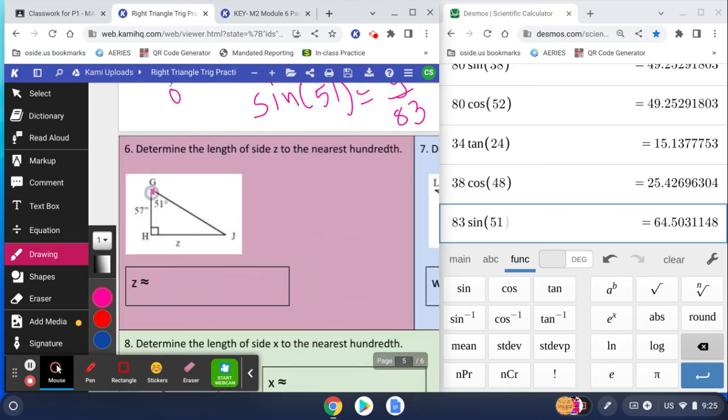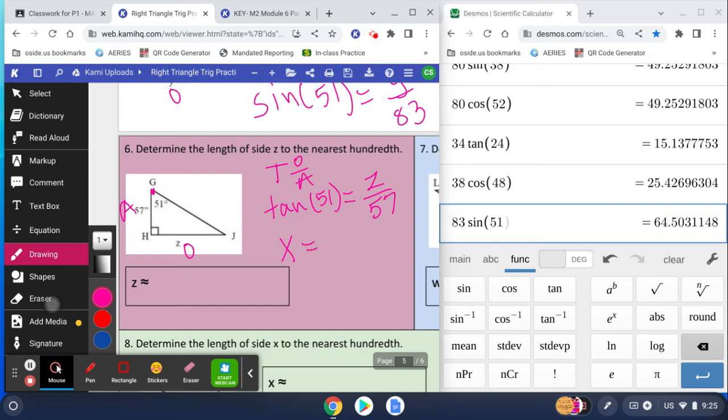All right, standing here at the 51, I've got an adjacent and an opposite. What uses the opposite and the adjacent? It's a TOA. Tangent of 51 degrees is equal to the opposite over the adjacent, and our units are going to be inches. Multiply both sides by 57.